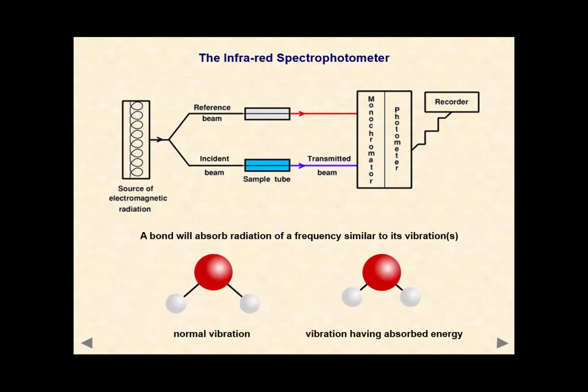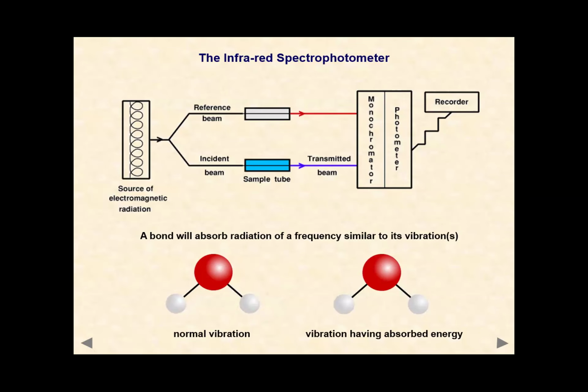All right, have a look here. The first diagram: a bond will absorb radiation of frequency similar to its vibration. This is the normal vibration. After absorbing the energy, it will start vibrating faster.